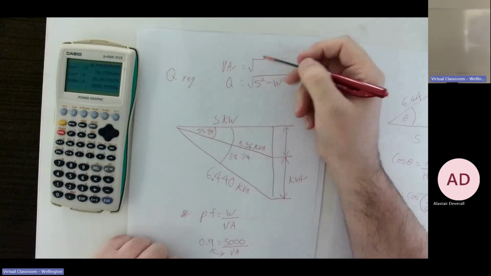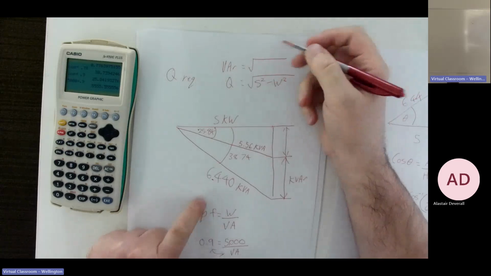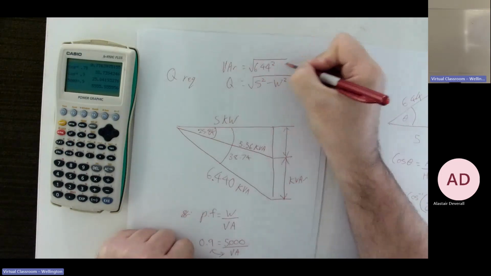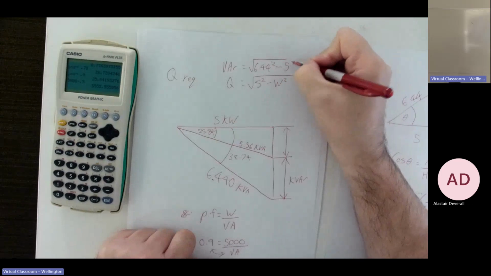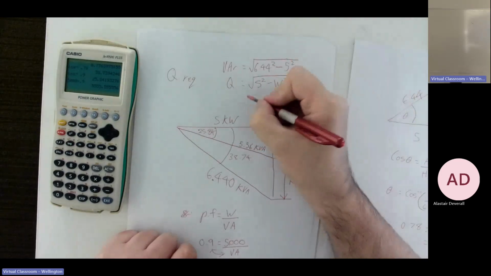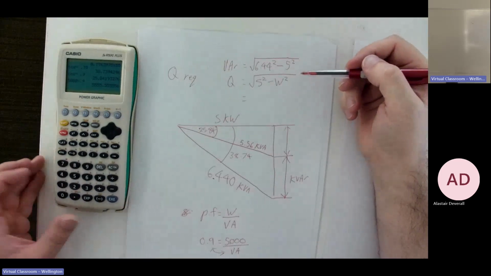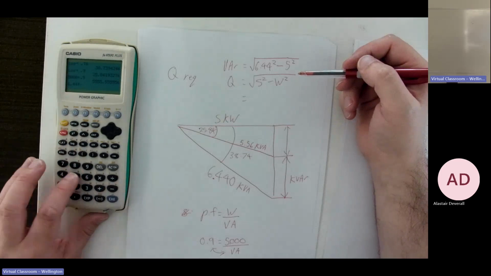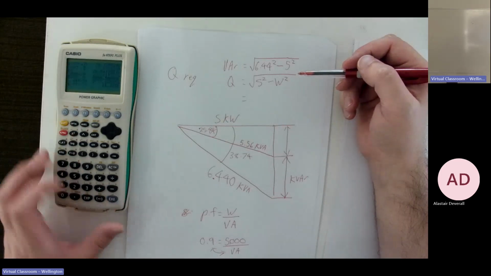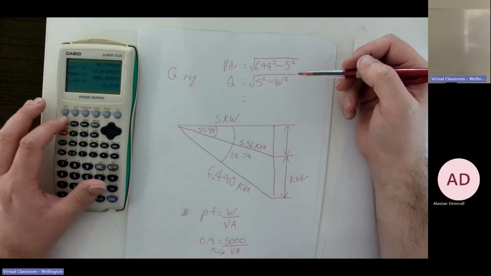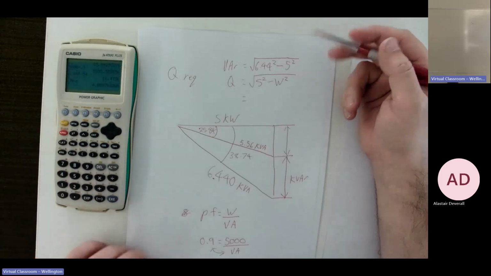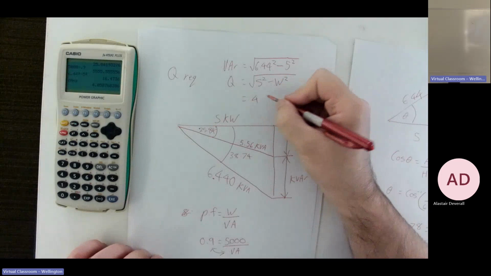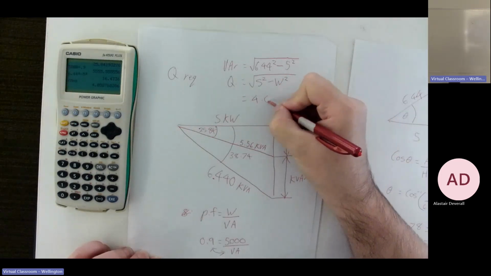So in this case, VAR equals our 6.44 squared minus our 5 squared, then we get the square root of that, and we end up with 4.058, so rounding up to 4.06 VAR.